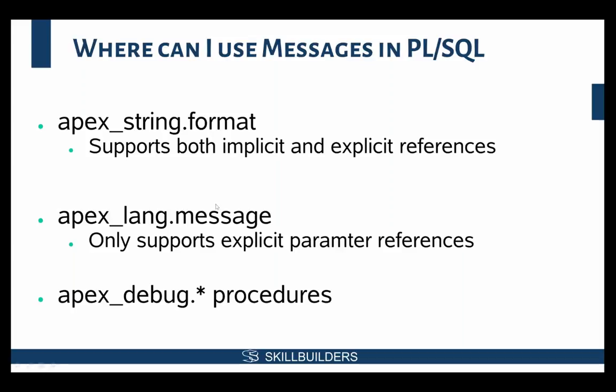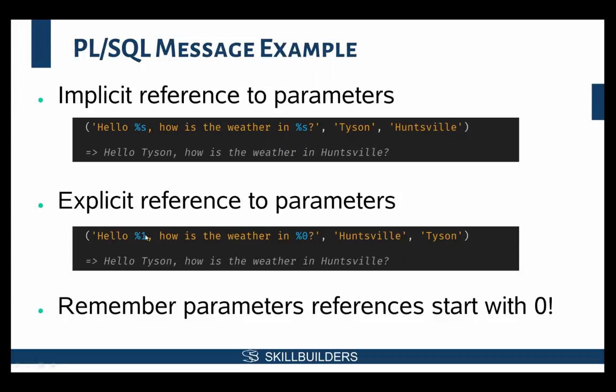Apex lang.message will actually read or pull a message from a table based off of a key, and then it will do the data binding. The thing that's different about Apex lang.message is that it only supports the explicit parameter reference. In other words, it only supports reference like this. It will not support this %s syntax. So let's take a look at that.